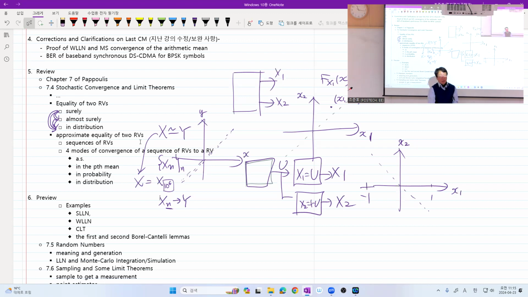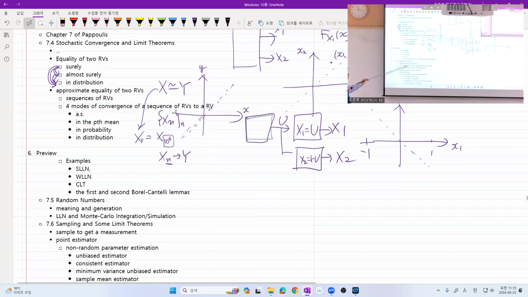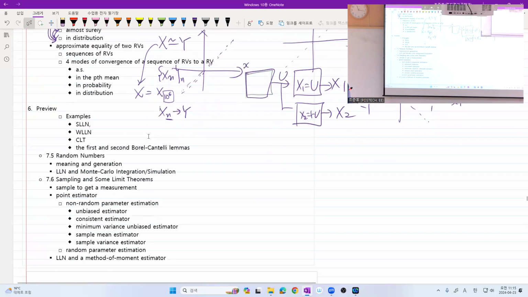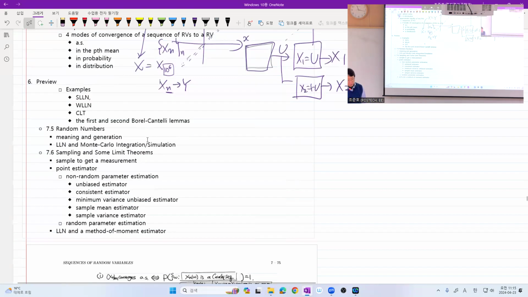And then we move to the central limit theorem. And then we talk about the Borel-Cantelli lemmas. Got it? And we will talk about how to generate random numbers. And then we will cover sampling and some limit theorems. Again, that section is from the undergraduate book, so a lot of parts will overlap.